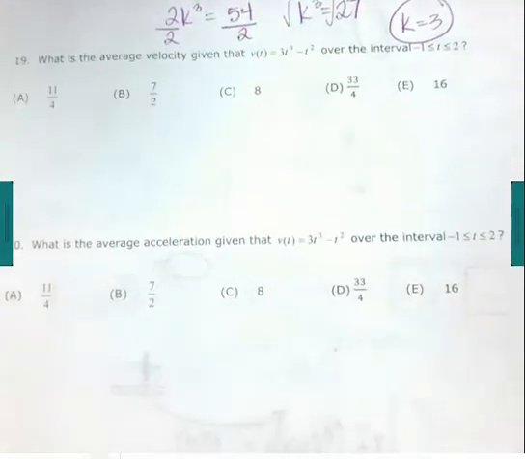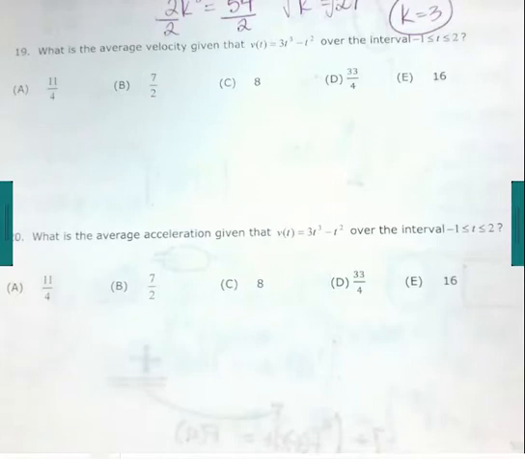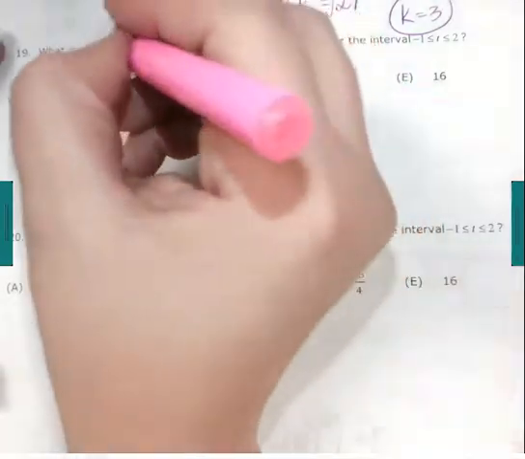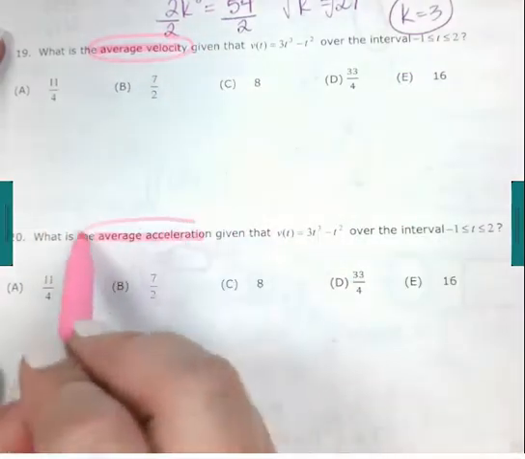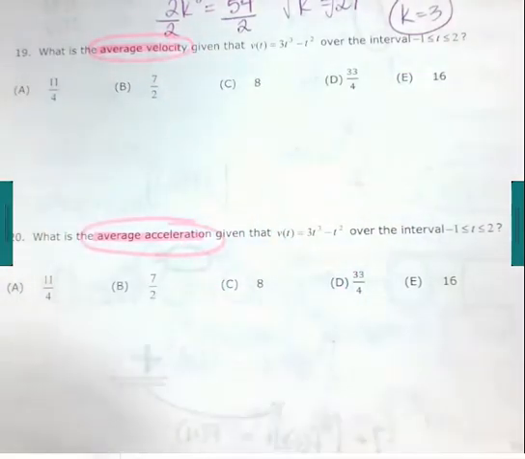Okay, 2 more left. 2 more multiple choice. Okay, ready? Okay, one of them is average value. One of them is average rate of change, or AROC.